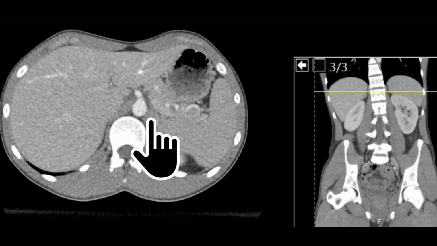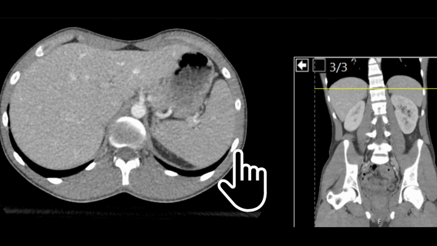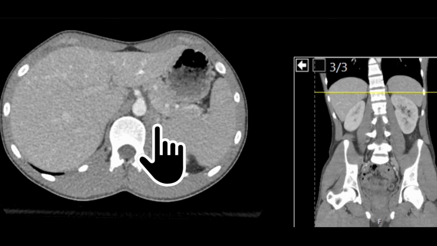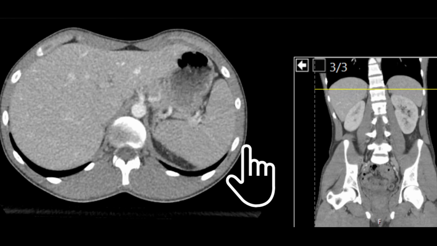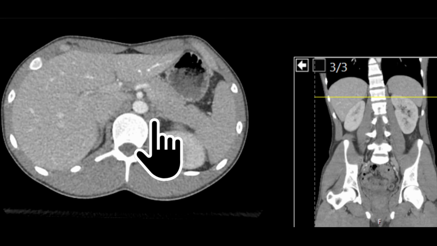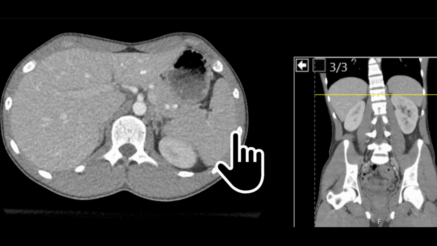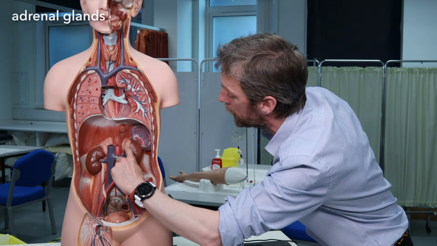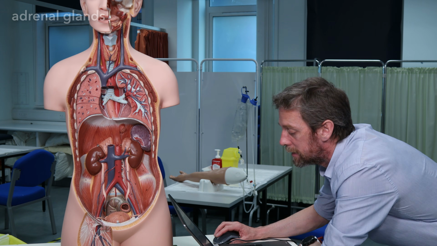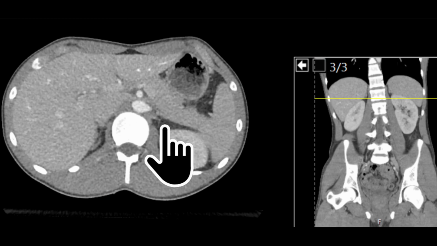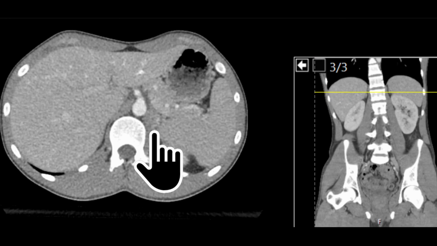Can you see this here? It doesn't last very long as I scroll down and up. But that will be the adrenal gland because the adrenal glands are actually a little bit more medial. Look. Boom, boom, we can see that here. So we're at this level. So the adrenal gland is this soft tissue here. Often if you get a really good one, it does look a little bit triangular.